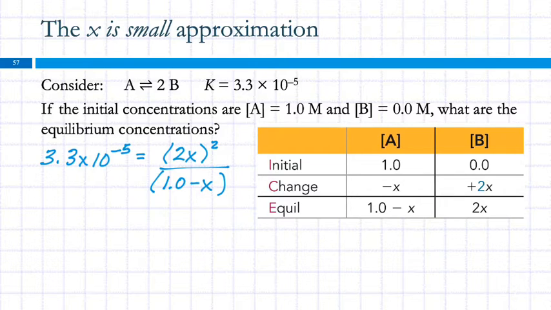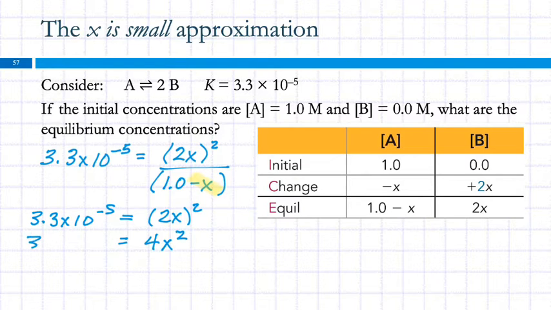So let's see what happens here. What we're going to do is say, well, x is small, so I can ignore it. So that makes the math a lot easier, because with x is small, now I've got 3.3 times 10 to the minus 5 is equal to 2x quantity squared, which is 4x squared.